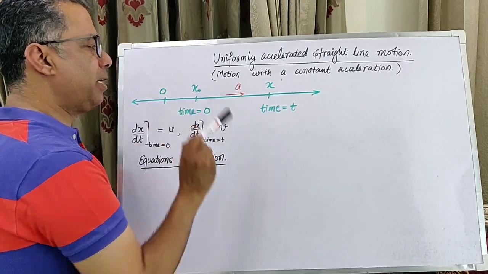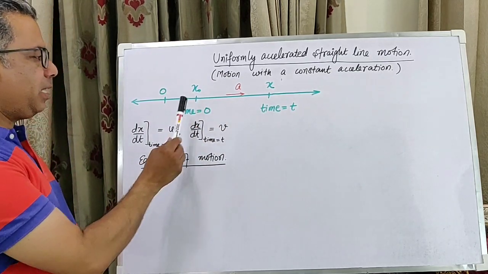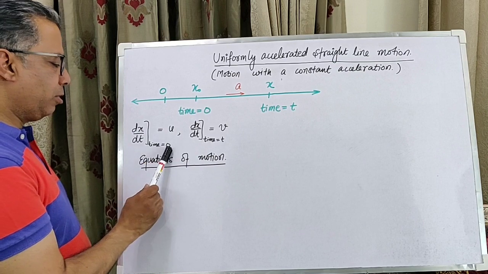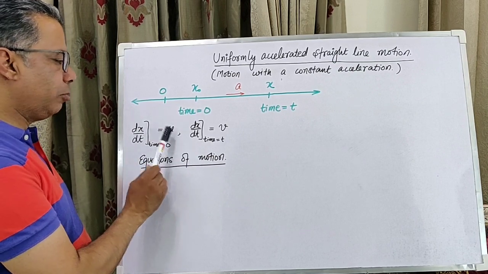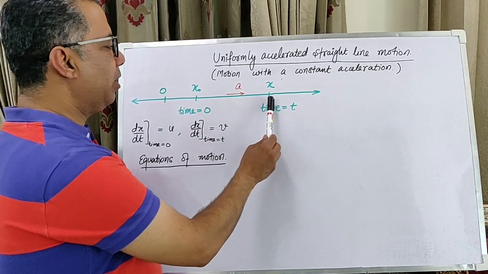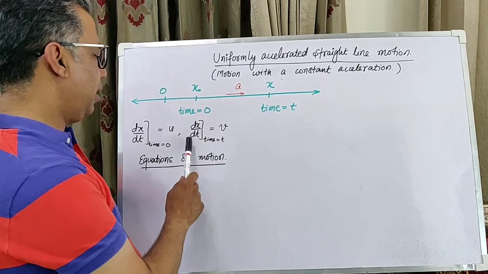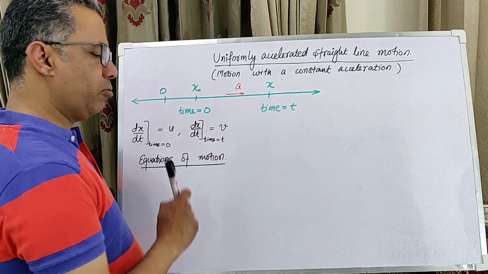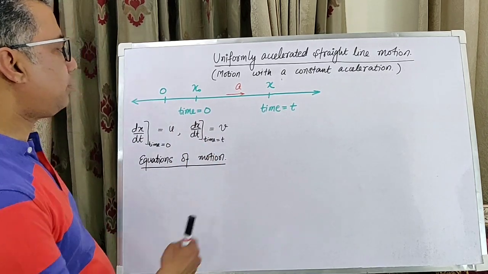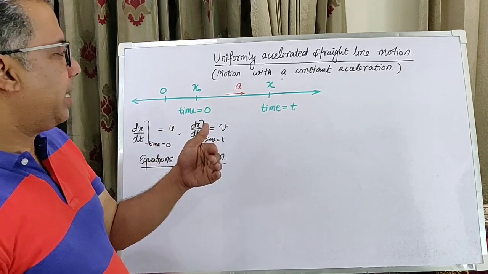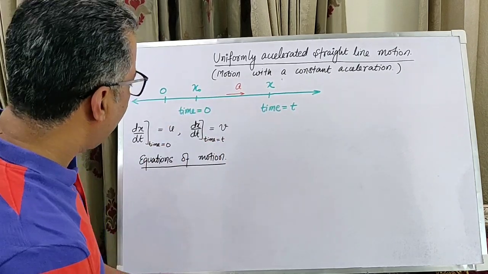The acceleration is a, and the initial velocity when we start the observation, that is at time equal to 0, is u, and the velocity at time equal to t at the final position is denoted by v, and the acceleration is being assumed to be constant and equal to a.